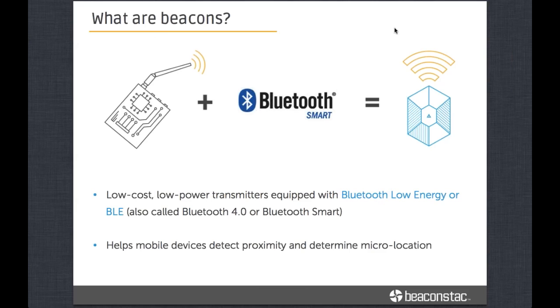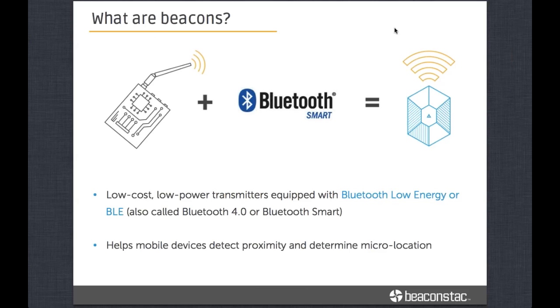This is the latest version of the Bluetooth protocol, which, given that its name is low energy, is a lot more energy efficient and doesn't drain the battery as much. And these beacons are transmitting a radio signal. This radio signal can be picked up by a mobile device, in most cases the smartphone in your pocket or your iPad or any such device with a BLE receiver or a BLE chip.